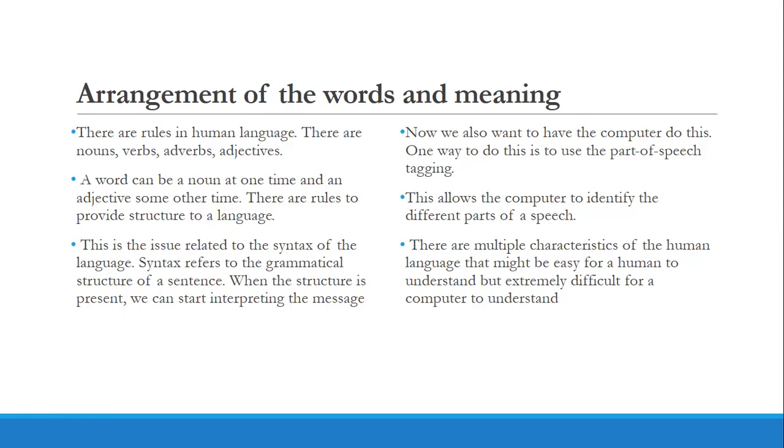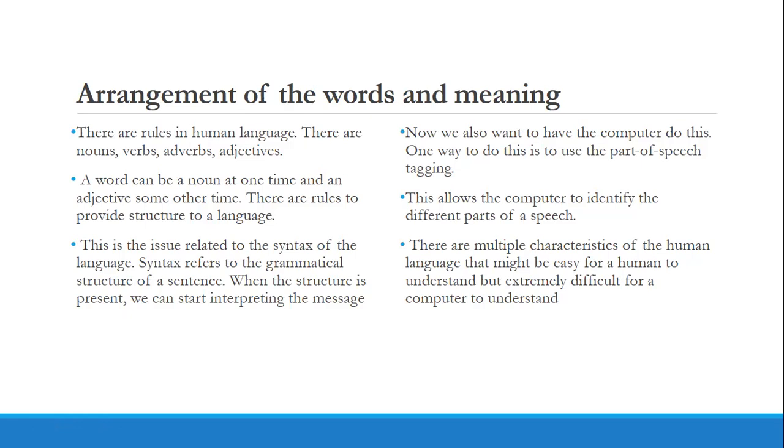As we all know, we have so many human languages that humans speak. In any language, we have nouns, verbs, adverbs, and adjectives. Now, a word can be a noun at one time and an adjective some other time.